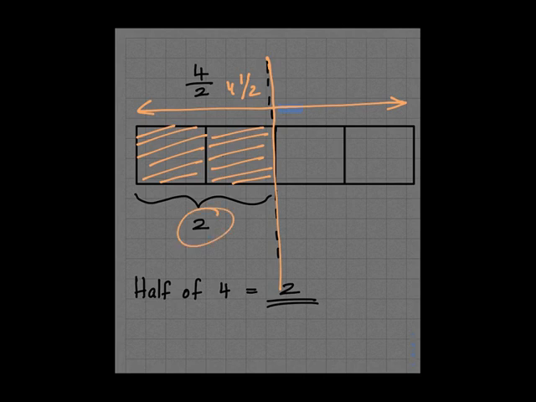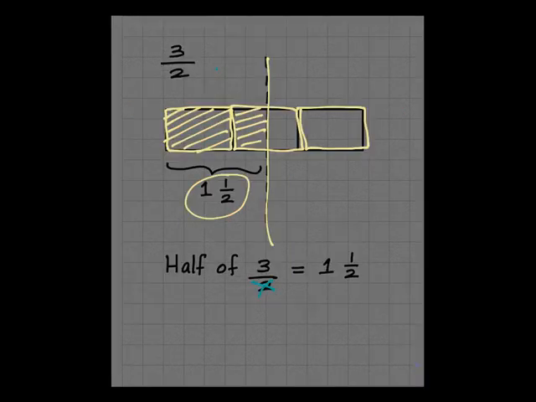So half of 4 by 2 is, half of 4 is 2. So similarly here, half of 3 is 1 and a half.